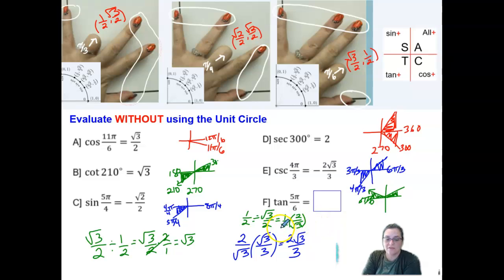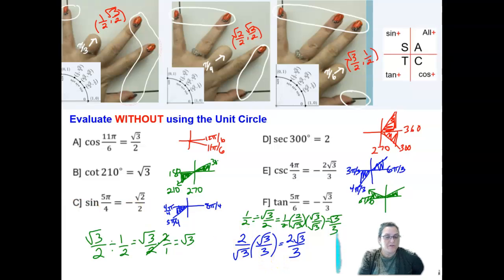Then we're going to cancel the 2's. We'll get 1 over square root of 3, and we'll have to rationalize that denominator by multiplying by root 3 over root 3 to get square root of 3 over 3. There we go. And we're in quadrant 2, so the answer is negative square root of 3 over 3.